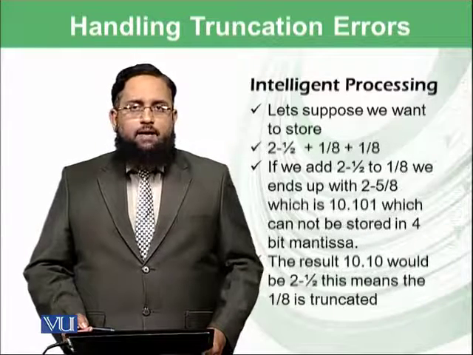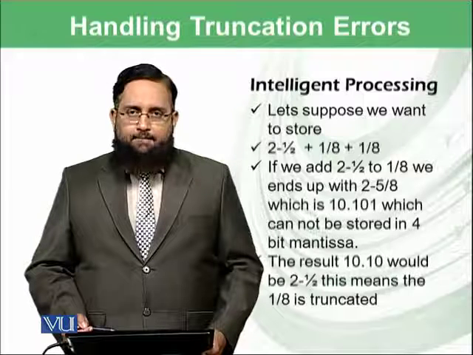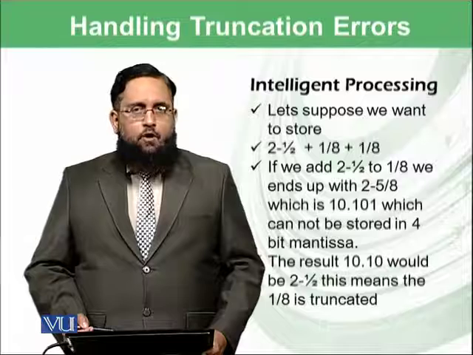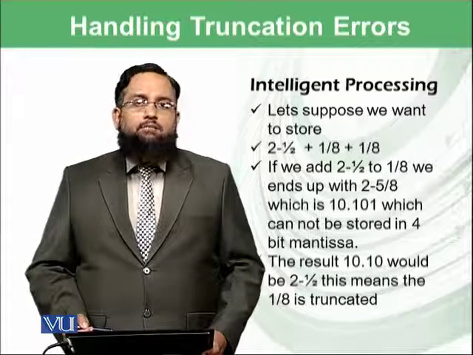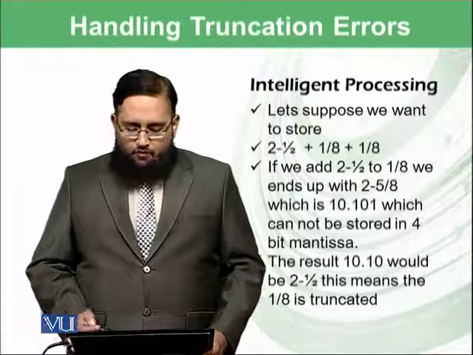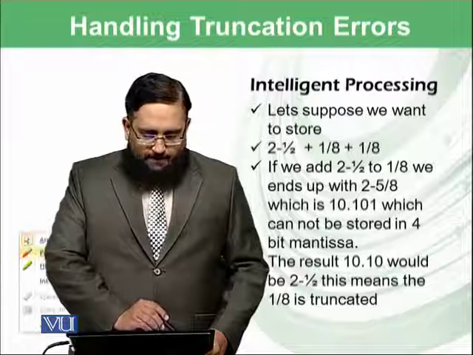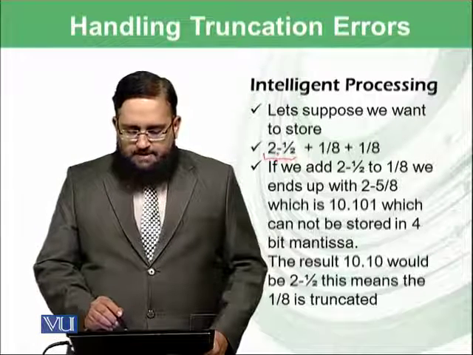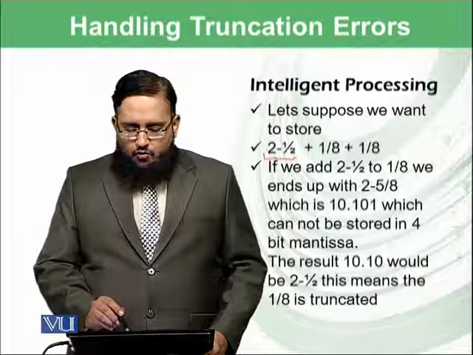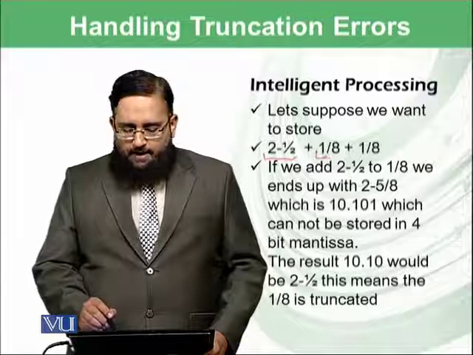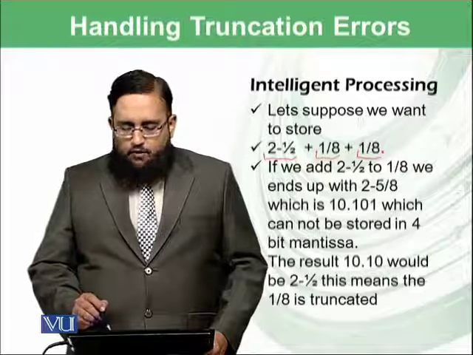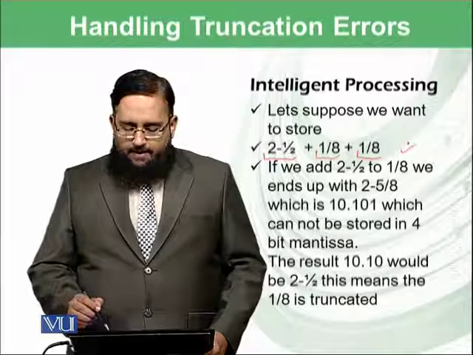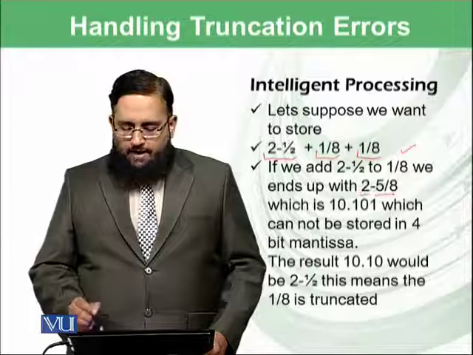Let's have a very interesting example here that would tell you there is another method to avoid truncation error by intelligent processing of our queries. For example, we want to add 2 whole 1 by 2, then 1 by 8, and then 1 by 8. If we add 2 whole 1 by 2 to 1 by 8, it forms 2 5 by 8.